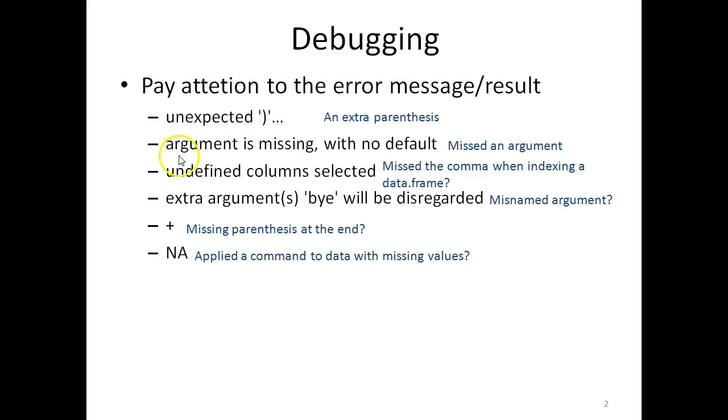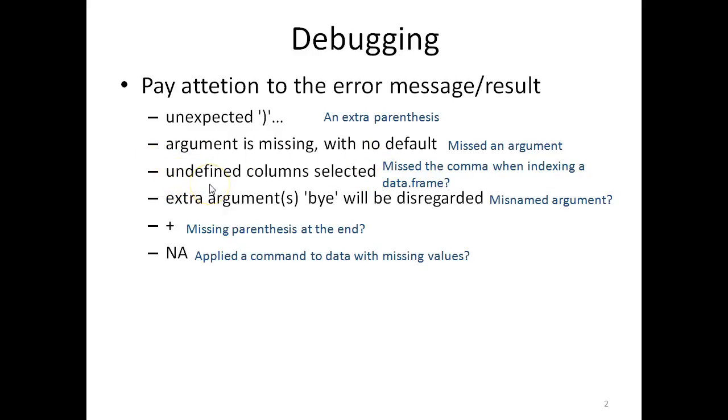When R claims that an argument is missing with no default, then you have missed an argument. These things seem obvious, but you have to look at them. And this one is very common: undefined columns selected.